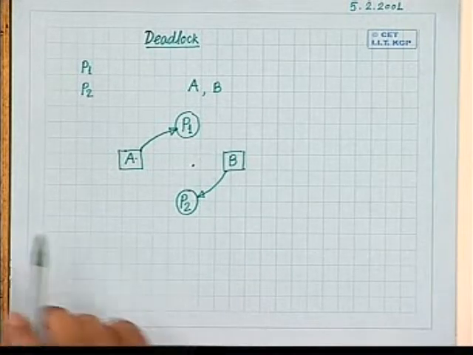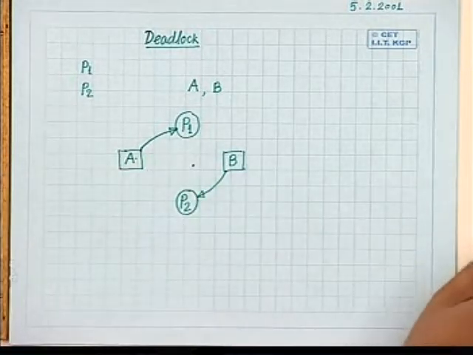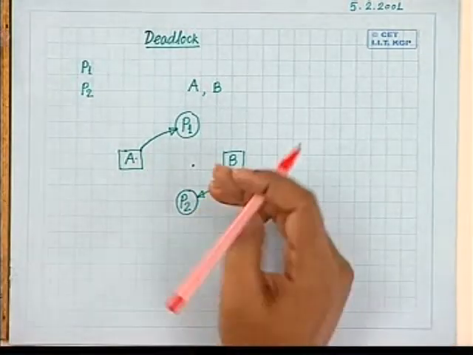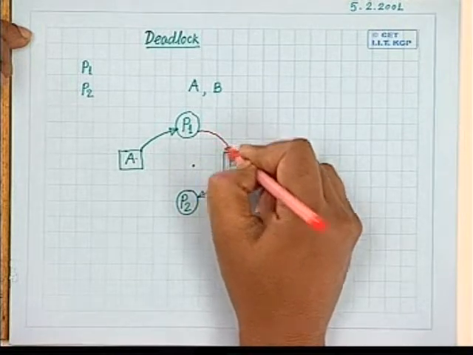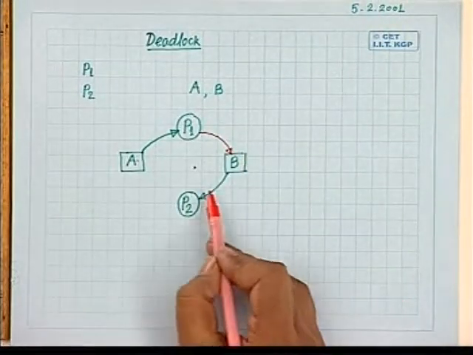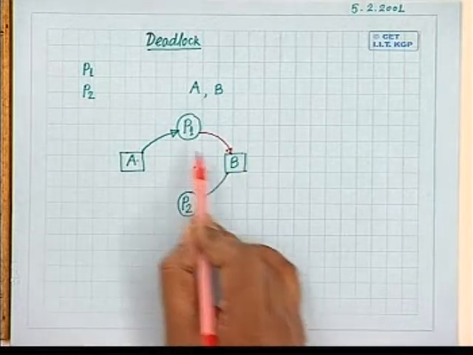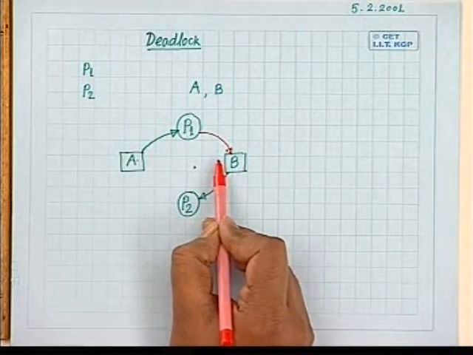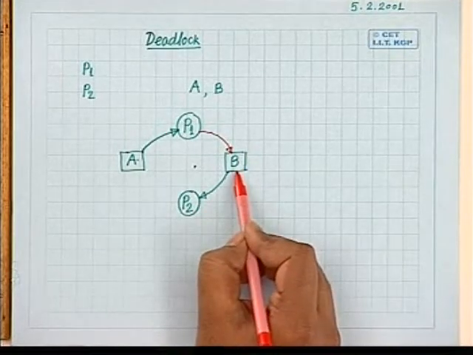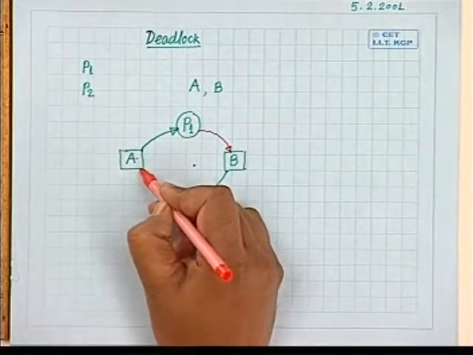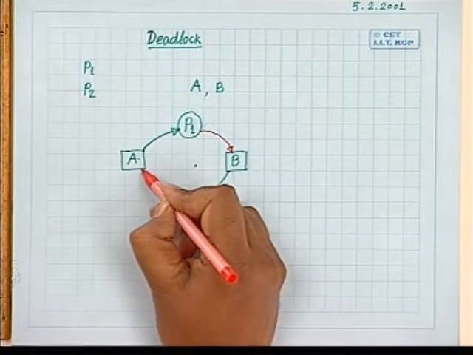So I have a situation like this, that P1 has acquired A and is waiting for the resource B to be free. Because until and unless P2 releases B, P1 cannot acquire it. Similarly, P2 has acquired resource B and is waiting for resource A to be released.